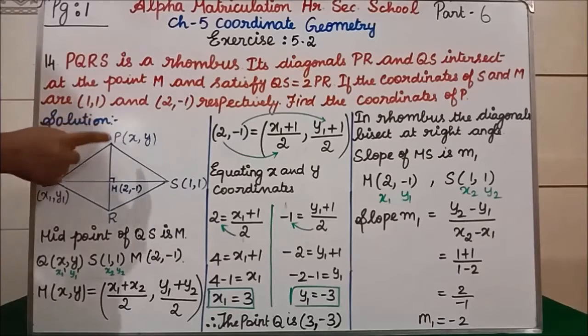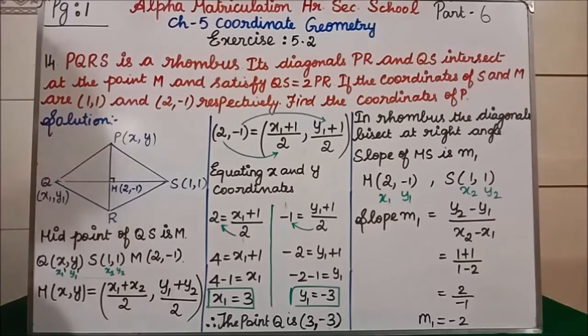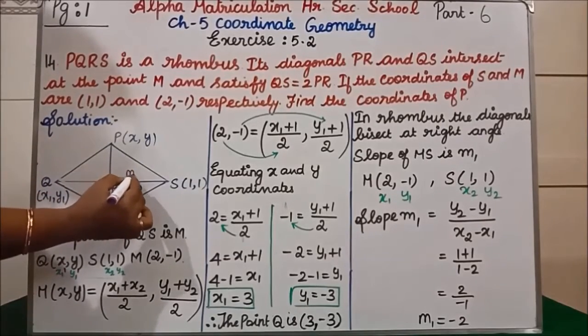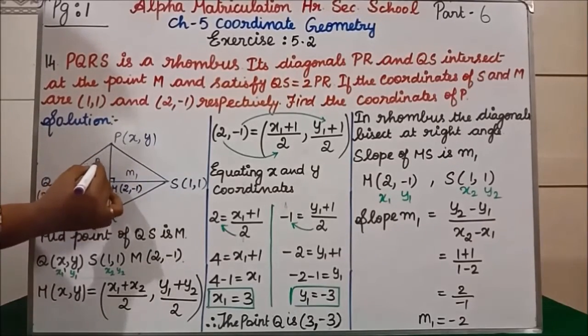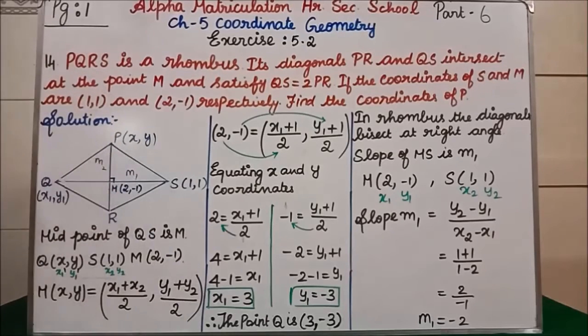So the diagonals bisect each other at right angle. Right angle means 90 degrees, so it is perpendicular. We take the MS side as M1 and the PM side as M2. Then M1 into M2 is equal to minus 1. Now the slope of MS is M1.